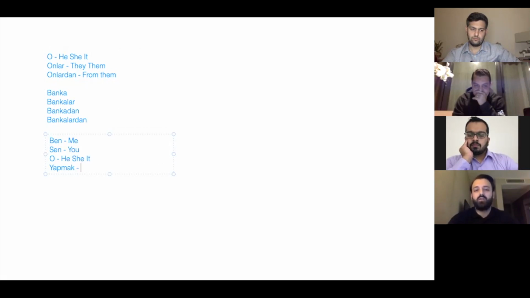So when you take the verb yapmak and you add suffixes to it, you give direction. An example would be yaptı, yapıyor, yapacak. And now these are essential because this is very, very basic grammar. Yapmak is to do. Yaptı, when you add that little suffix in the end, it refers to something that had happened.